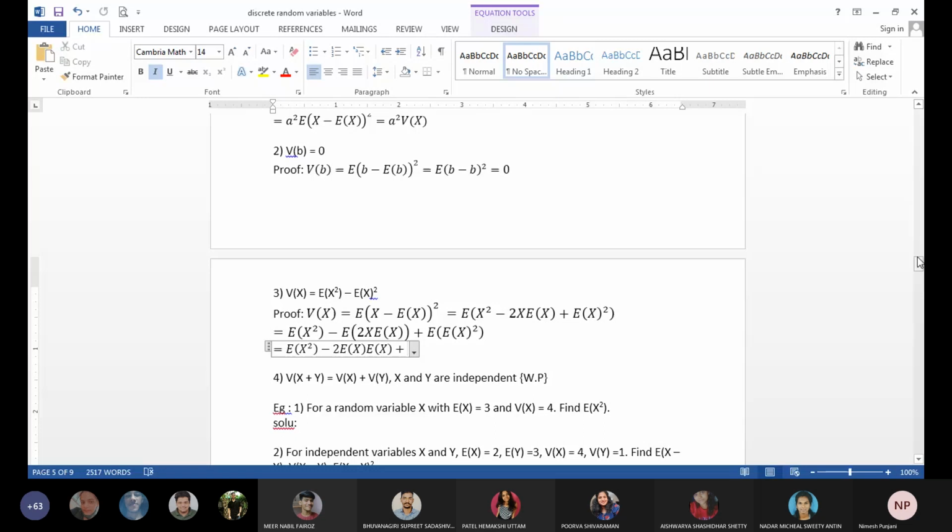So third term I can write it like this. Just see and tell me, is it okay or not? I can write down the third term like this. Yes, sir.